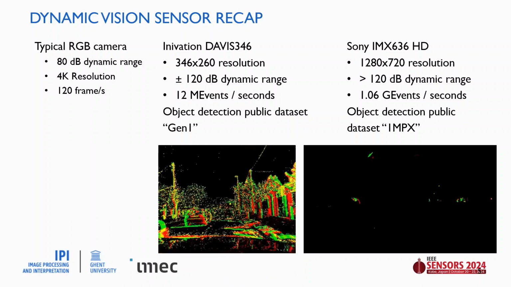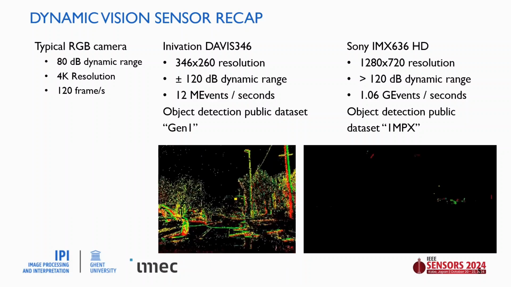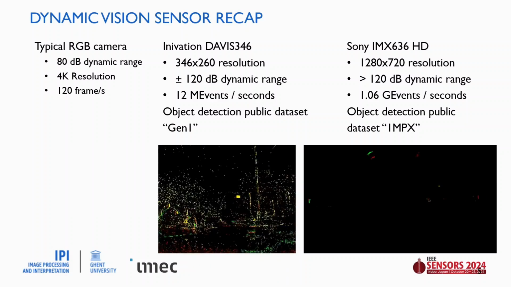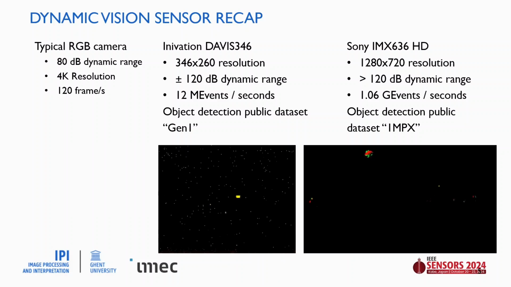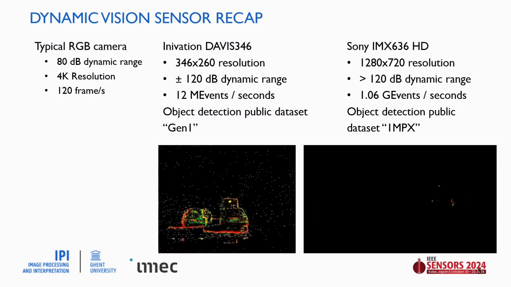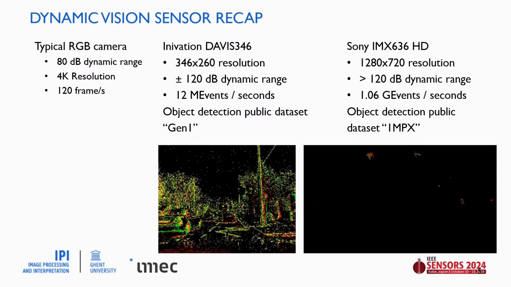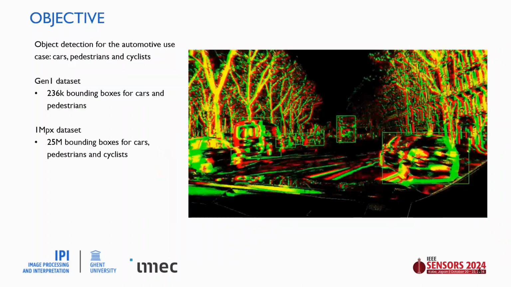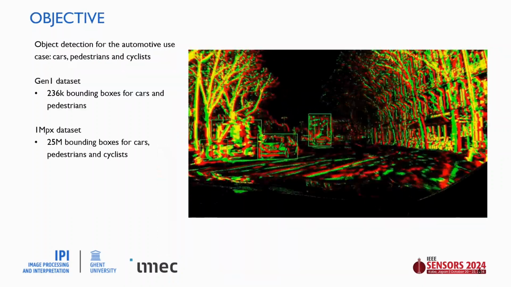You see that the first one still suffers from quite some noise, but the second camera basically has no noise anymore, not visible at least. And you see immediately also the difficulty of working with the event camera in case there is no change in the scene. It triggers also no events. So this is an interesting challenge to make it still work for object detection.